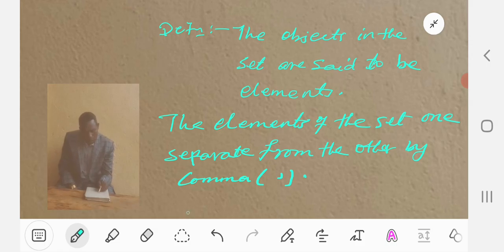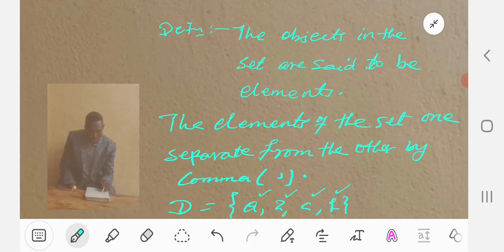Let's consider set D. The names of sets are given by capital letters, and the elements of set D are A, 2, C, 1. Students, A, 2, C, and 1 are elements of the set. The element A is separated from the next element, which is 2, by comma, and the element 2 is separated from C by comma. Therefore, elements of the set are separated one from the other by the comma.